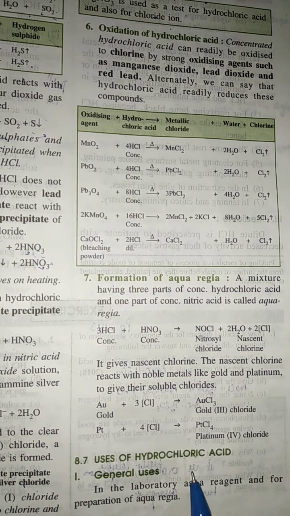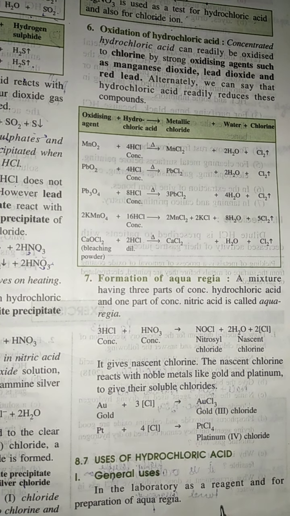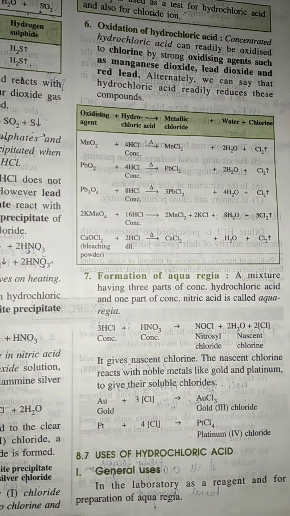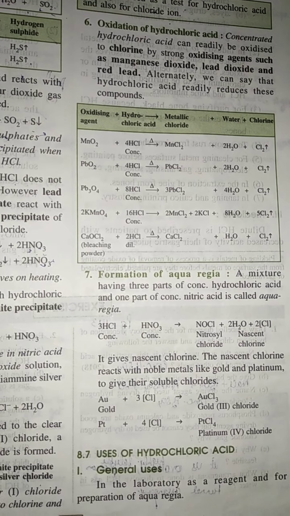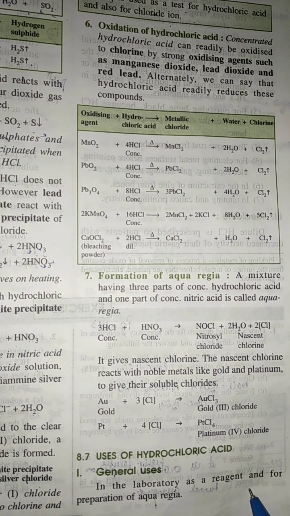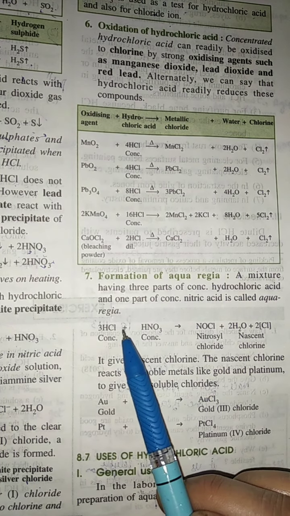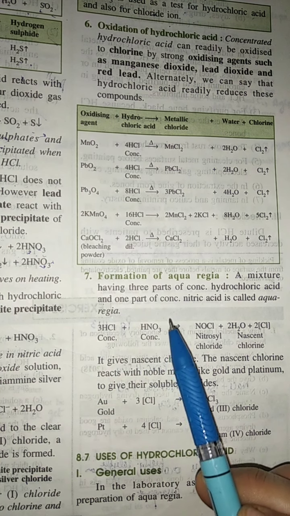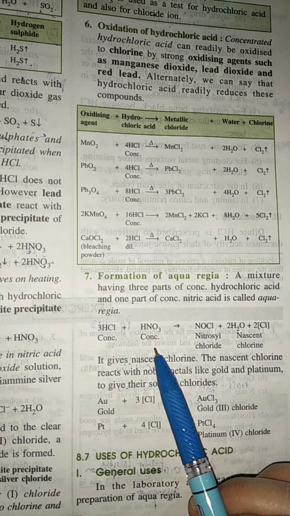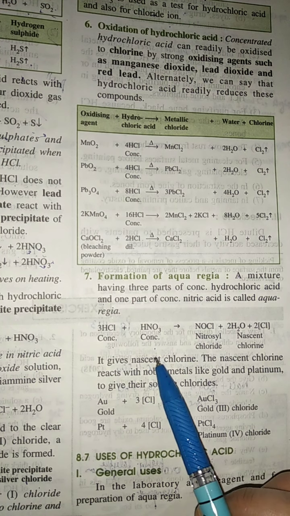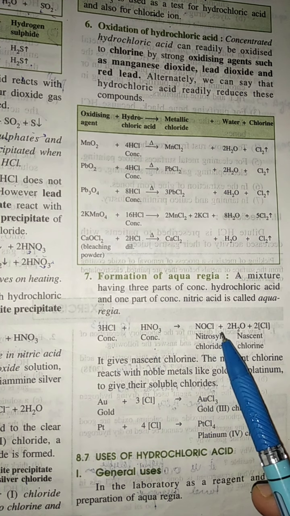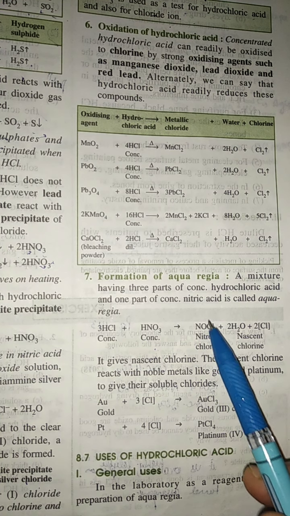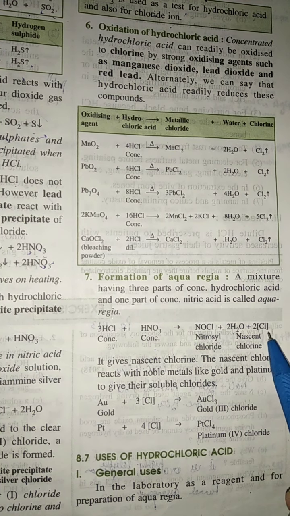First, general use. In the lab, it is used as a reagent for the preparation of aqua regia, as it is given in the use. So I will tell you what is aqua regia. It is a mixture of 3 parts of HCl and 1 part of concentrated HNO3, which when mixed results in the formation of nitrosyl chloride, that is NOCl, plus water plus nascent chlorine.